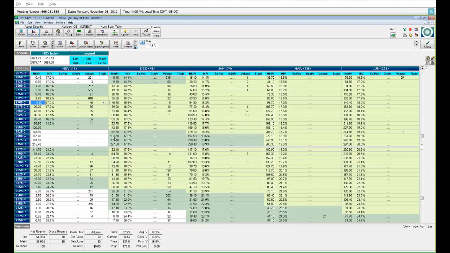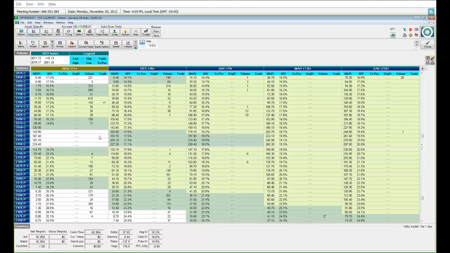But if it costs you, let's just round it up, $20 to buy an option, the market has to go beyond the strike price, which in this case is 2,700, plus the amount you paid for it. So the market has to go up beyond 2,700 plus 19.5, let's call it 20. So it has to go beyond 2,720 within 11 days.